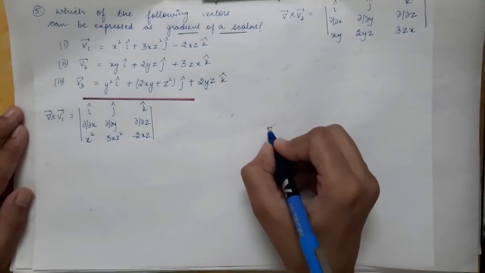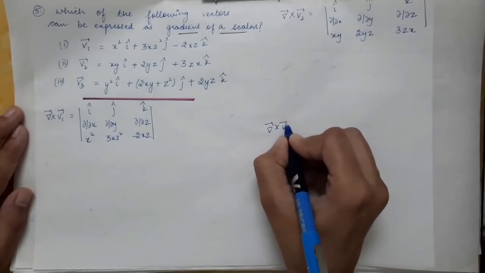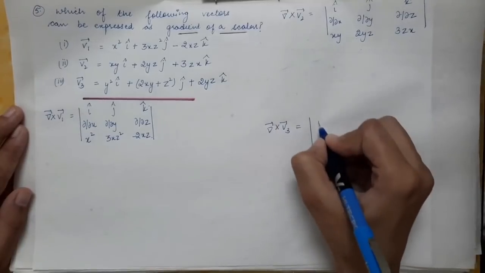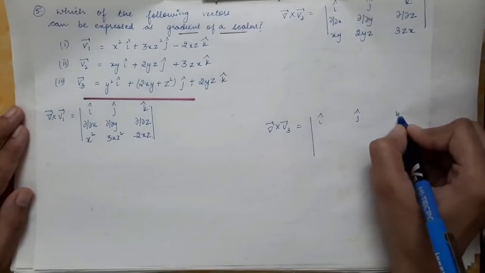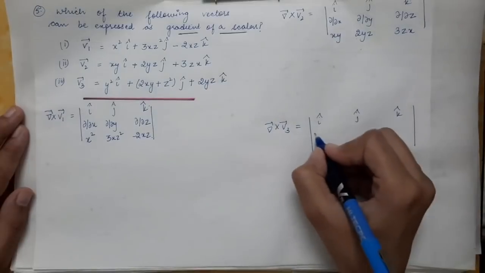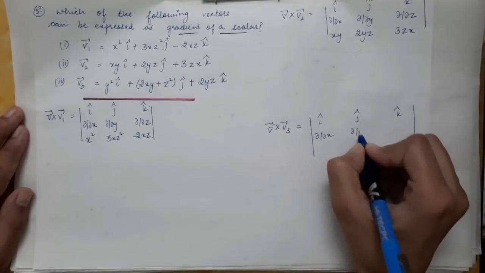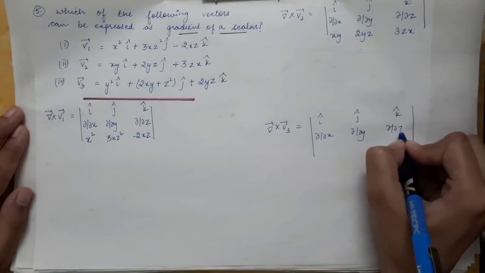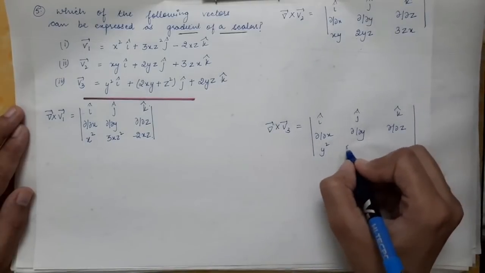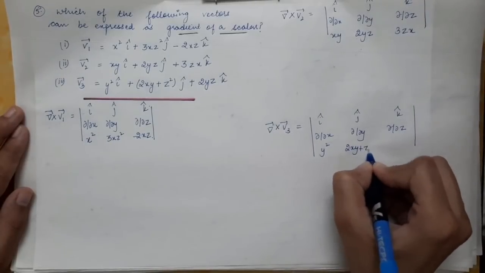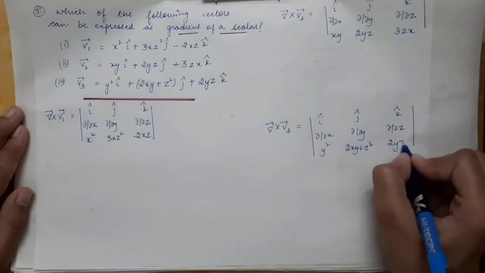Then we will find curl of v3 vector, with rows del by del x, del by del y, del by del z, and components y square, 2xy plus z square, then 2yz.